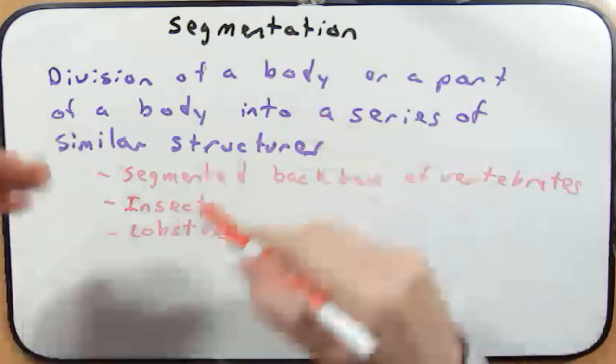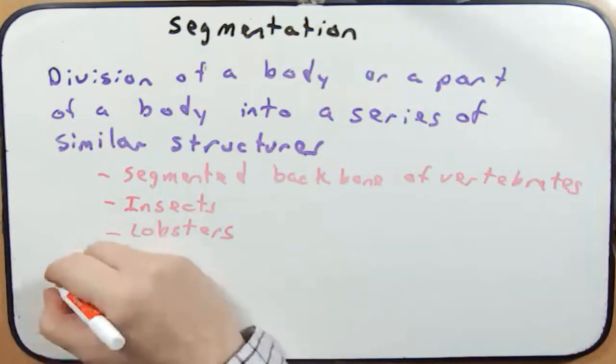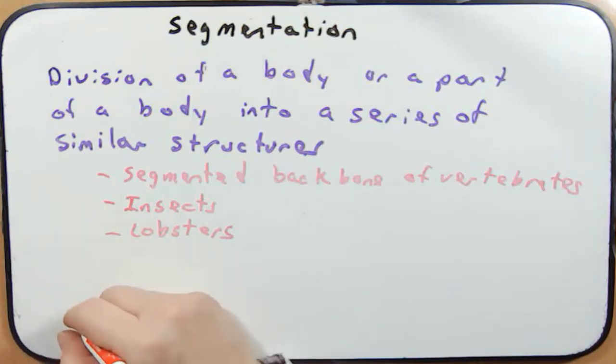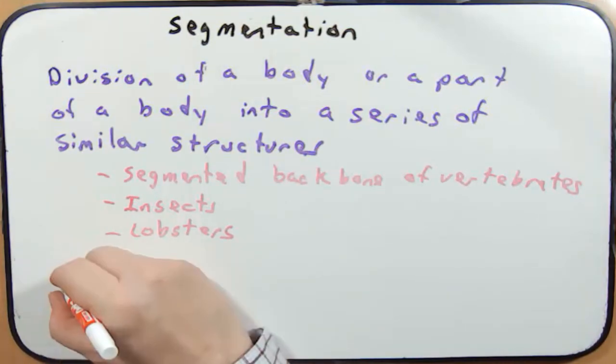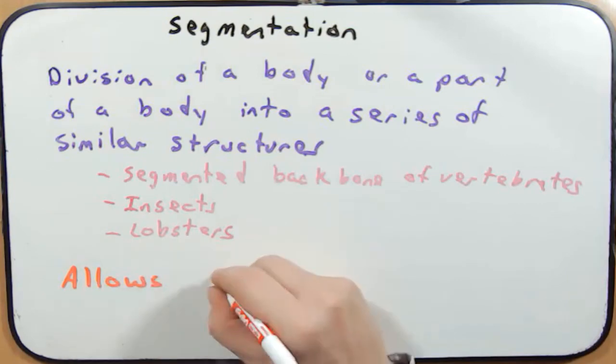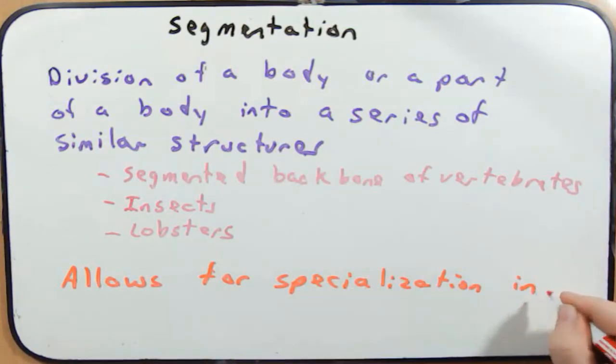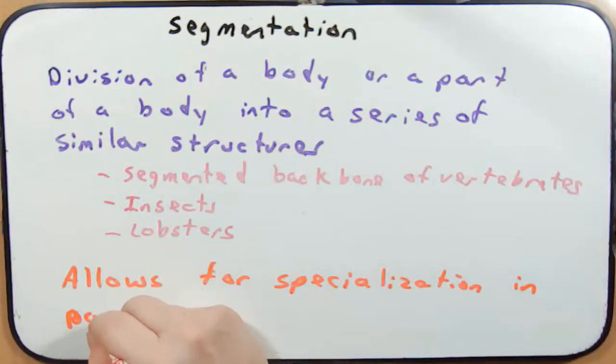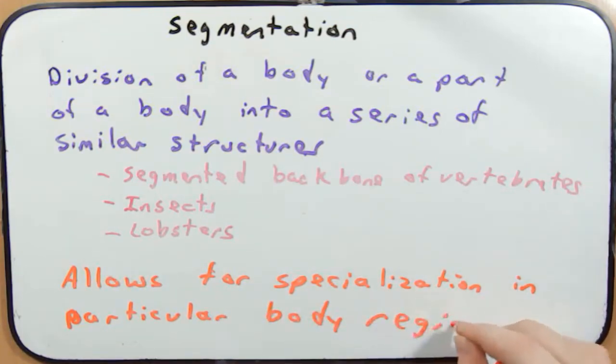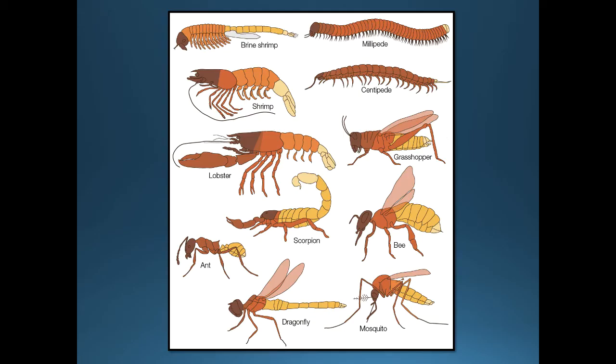So what is the main advantage of segmentation? Well, we believe the biggest advantage of segmentation is that it allows for specialization in particular regions of a body. So if you look over here at these drawings of various kinds of animals, you can see how the segmented body has allowed for regional specialization.